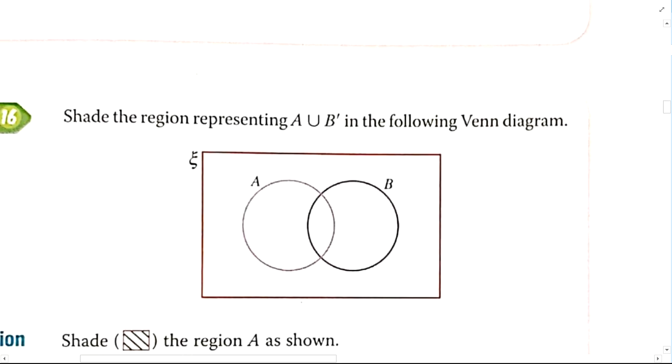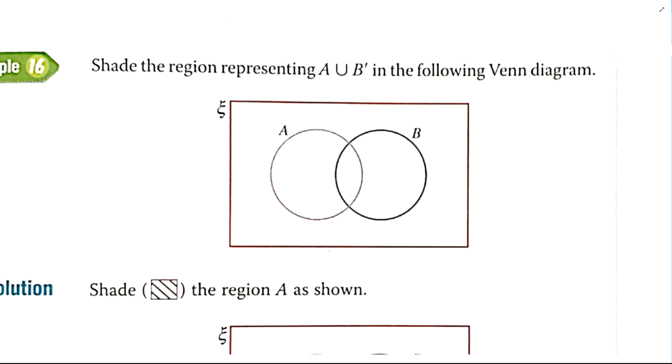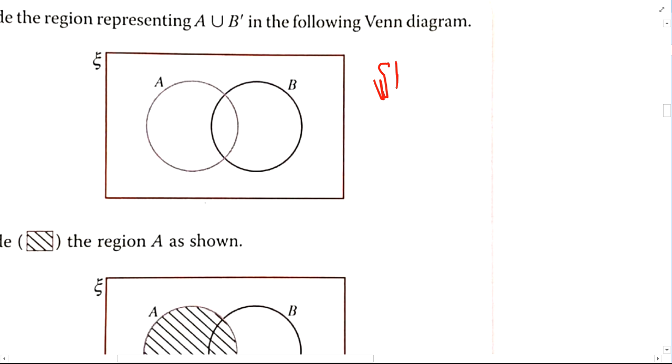Okay. Now, without looking at the answer, can you do this? Do it mentally. Shade the region representing A union B complement. It's not A union B, it is A union B complement. Step 1.